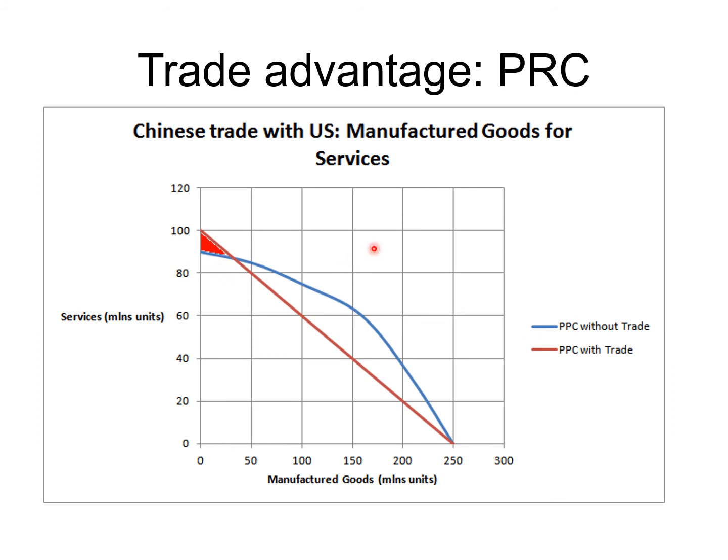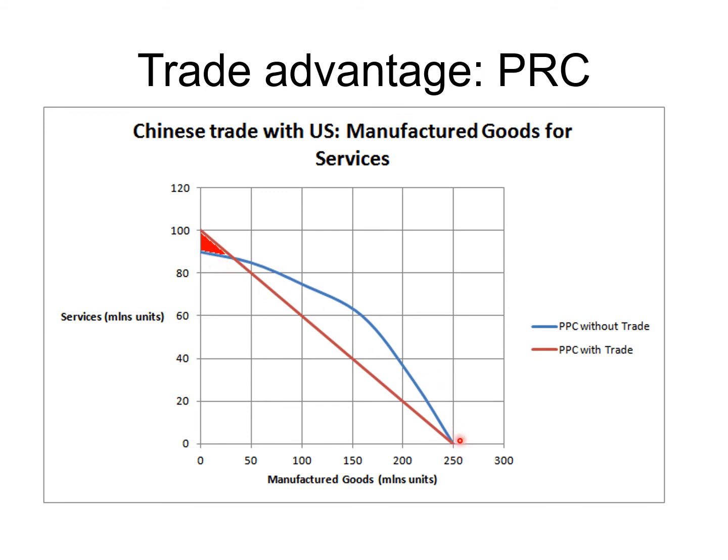Looking at it from the perspective of China, here we have services over here, manufactured goods here. The Chinese domestically can produce 250 manufactured goods or 90 services. Well, if they produce 250 and domestically sacrifice it, they get for their 250, they get 90.